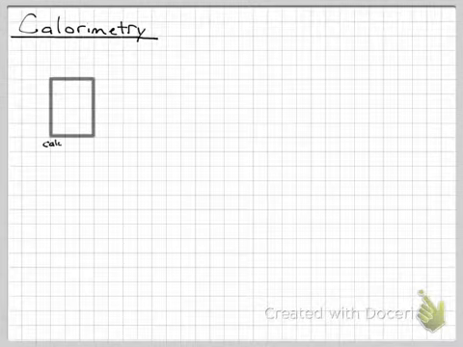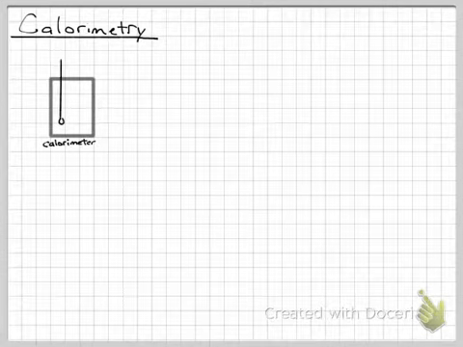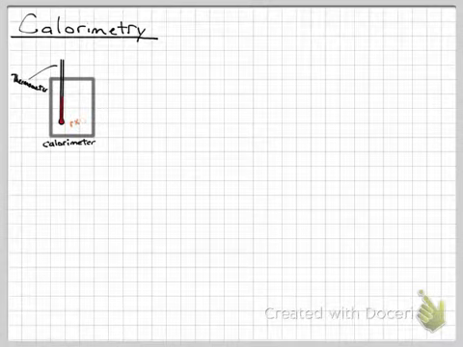You have some sort of vessel, the calorimeter, with a thermometer inserted into the calorimeter, often inside of water, and we have a reaction that goes on inside of the calorimeter, and heat is exchanged between the reaction and the surroundings, which include the calorimeter, the thermometer, whatever solvent is around, and so forth.